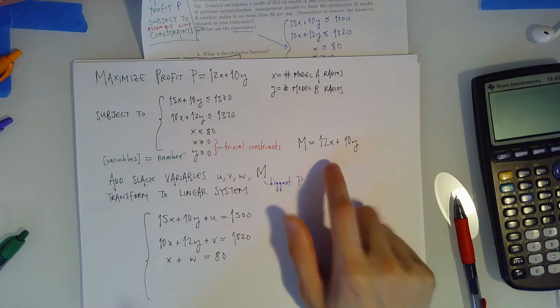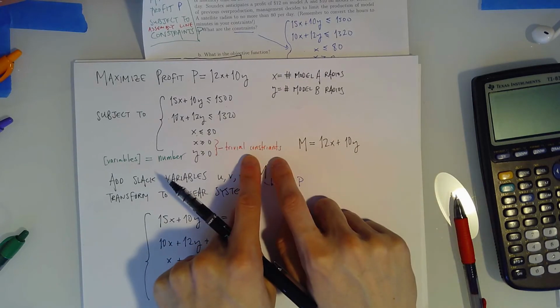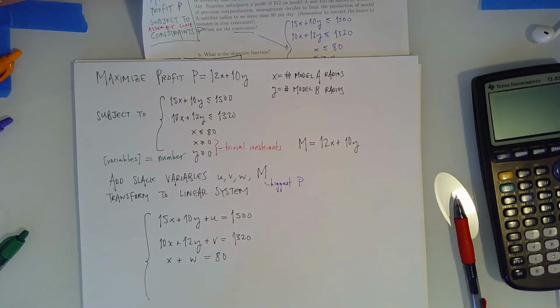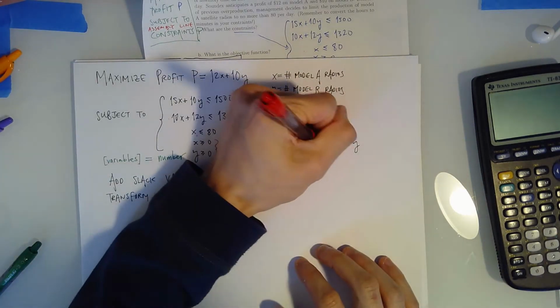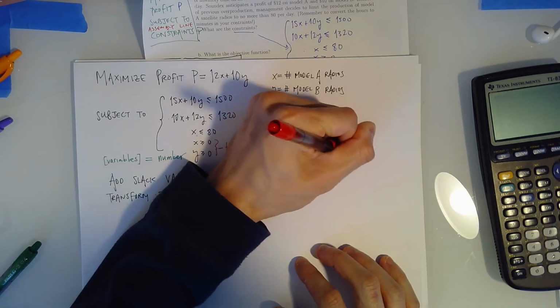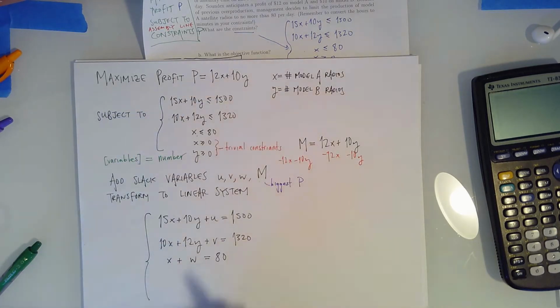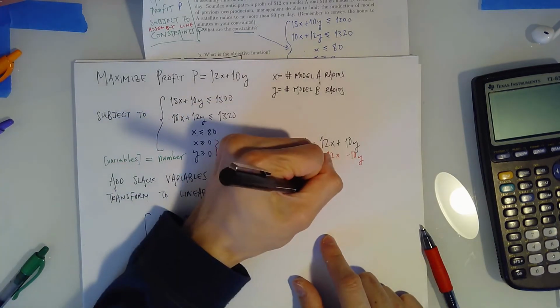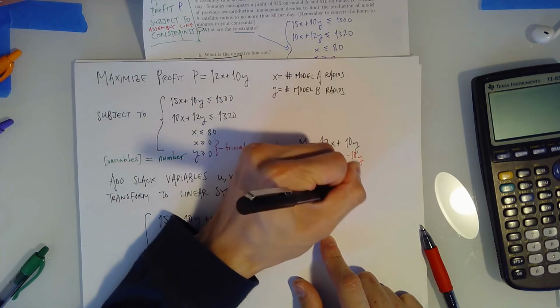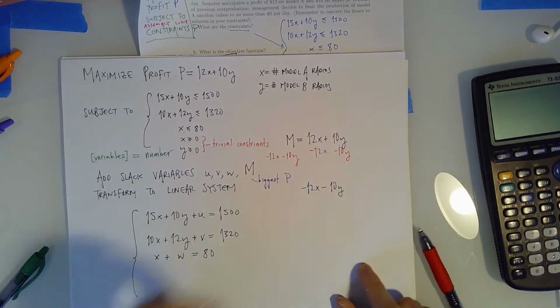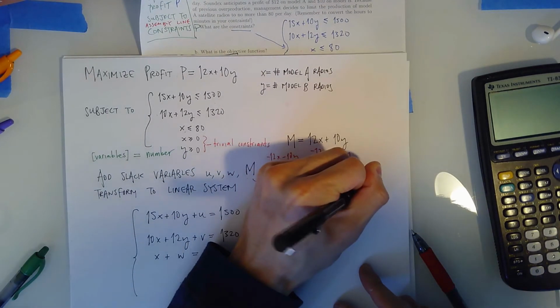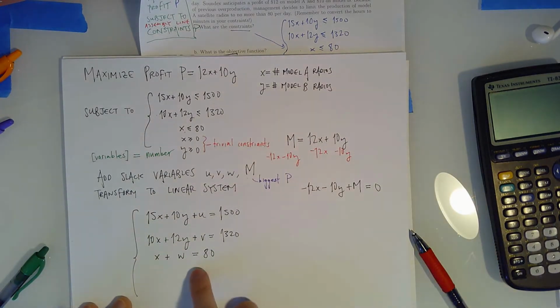What I did in class when we did this was subtract this to the other side and make it equal to 0. So that's what I'm going to do. Subtract 12x, subtract 10y. That will give us minus 12x minus 10y plus the m equals 0, and that's what goes here.